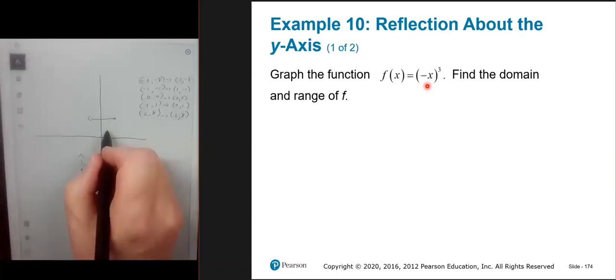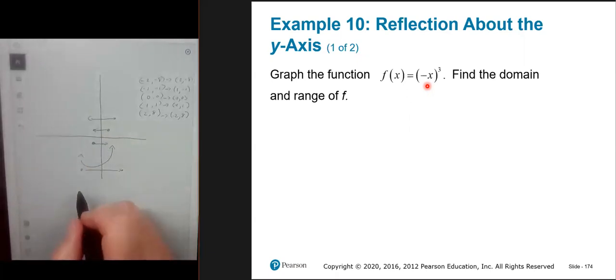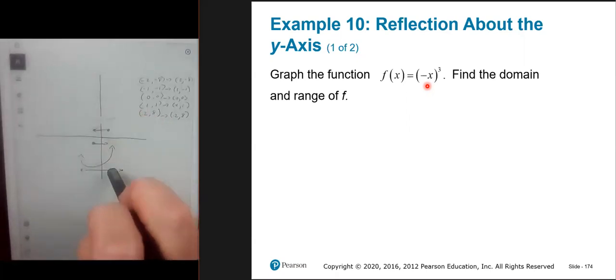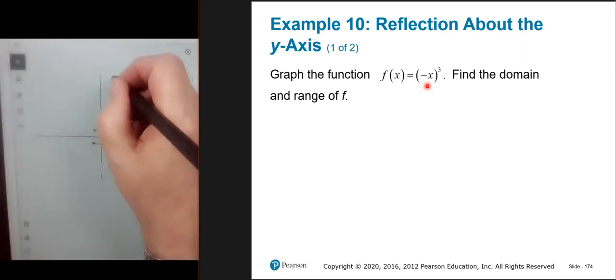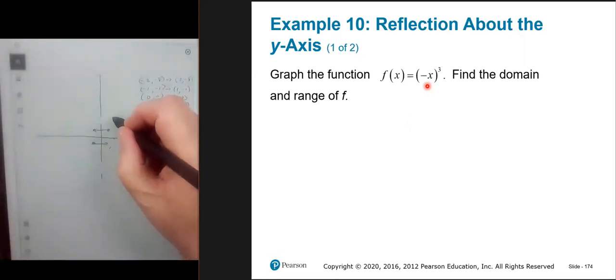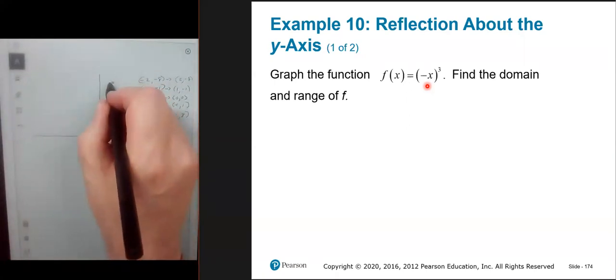So this point here went over here to this point, and this point down here went over to this point. And then +2 would be up here at 8 somewhere, and so 1, 2, 3, 4, 5, 6, 7, 8. This point got moved over to here.